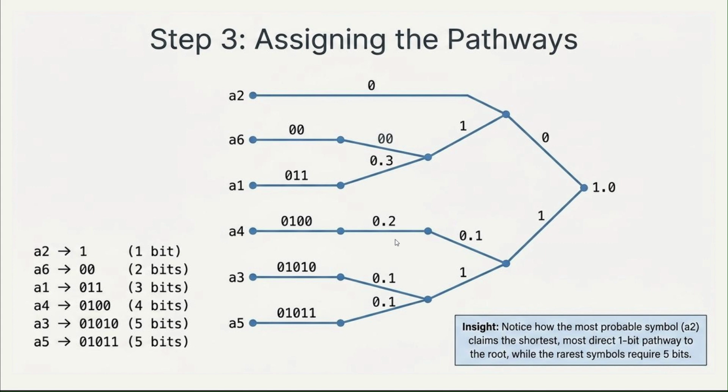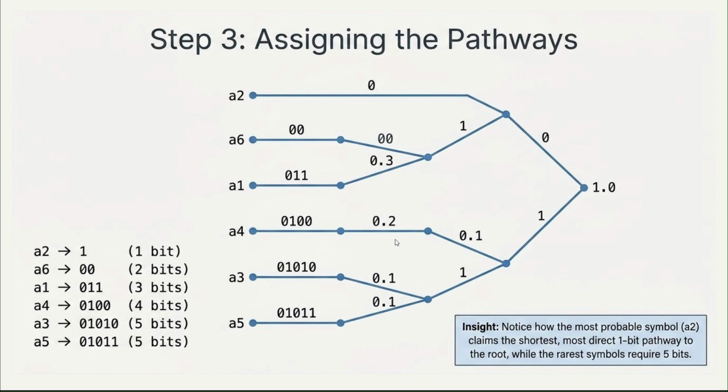Step 3, assigning pathways, that is, assigning binary values. Next, we can assign binary digits to the branches. For example, we can assign a 0 to the higher probability branch and a 1 to the lower probability branch at each node. Step 4, trace the code word.